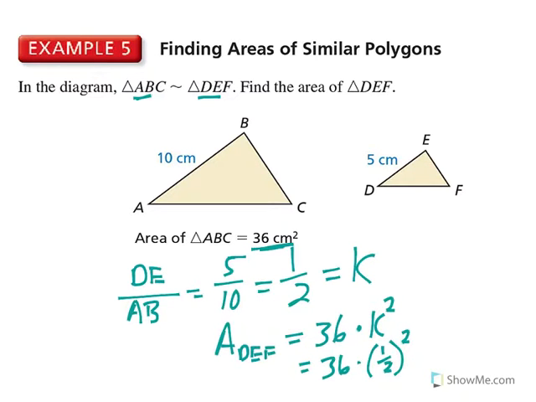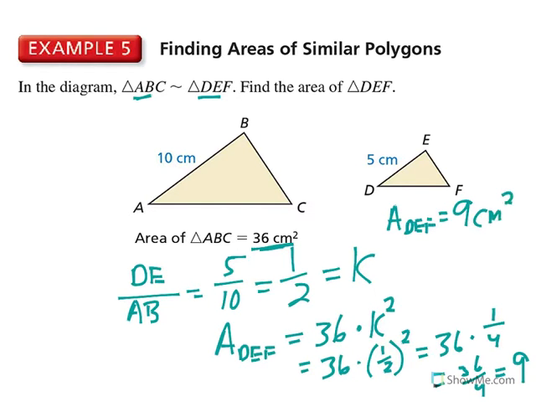When I square 1/2, I square the top and the bottom, so 1 squared is still 1, but 2 squared is 4, so I get times 1/4. And so 36 times 1/4, if I multiply the top, I get 36 over 4. 36 divided by 4 gives me 9. If I put my label back on it, my area of DEF would equal 9 centimeters squared.